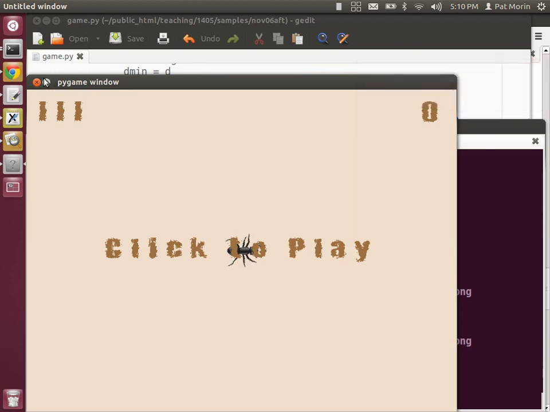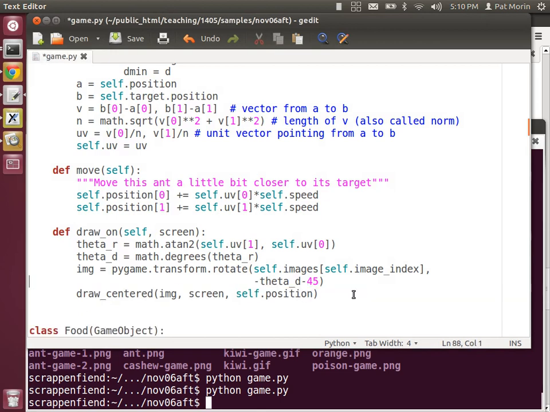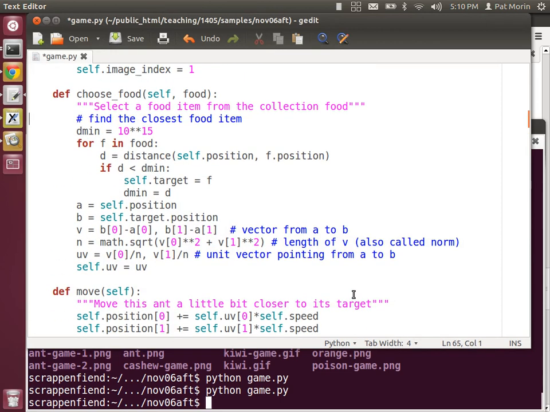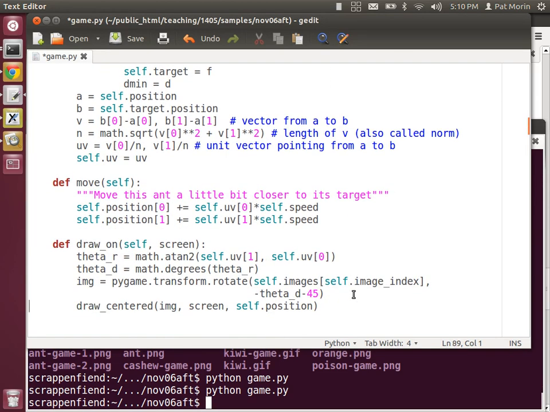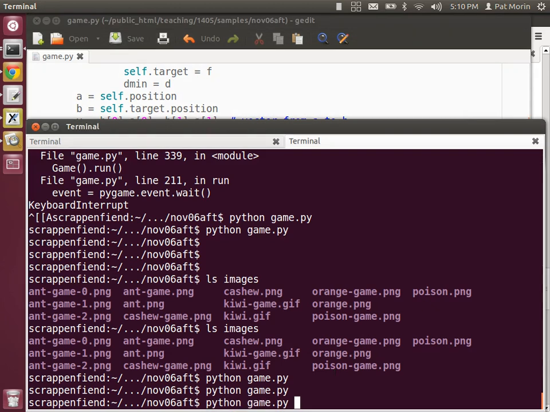Now the ant's crawling. So maybe after we draw it wasn't quite the right time for this. Right, because we're always drawing 30 times per second, even if nothing is moving. So maybe it's only if the ant is moving that we should change this image index.